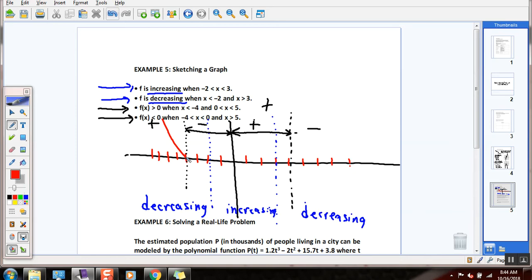Okay? All right? Now, it says it's decreasing all the way down to here, but in this interval, my values are what, kids? Negative. So I have to go below the x-axis here. Now, kids, all of a sudden at this blue dotted line, my graph starts to do what again? It starts to increase here.